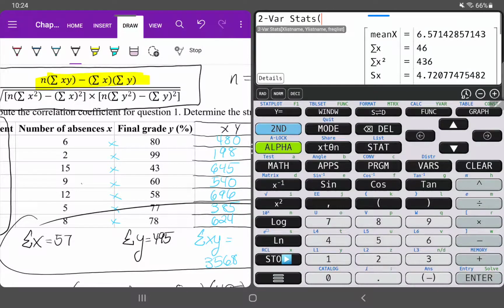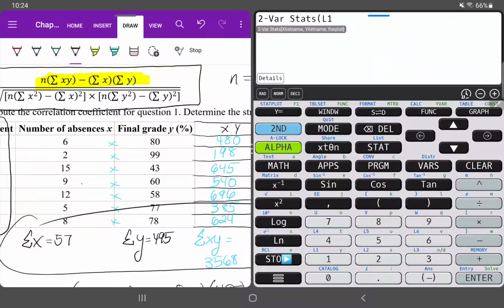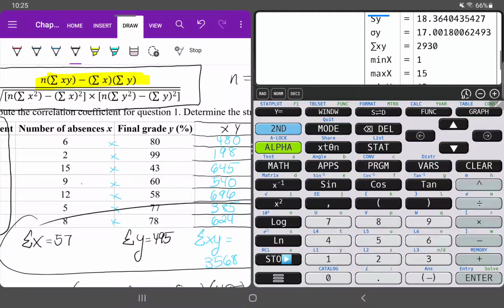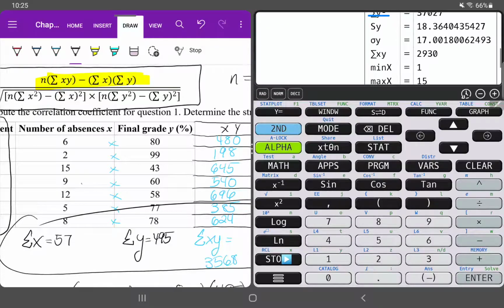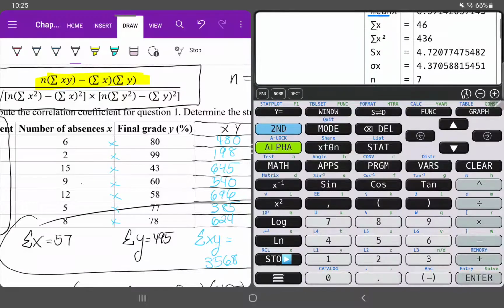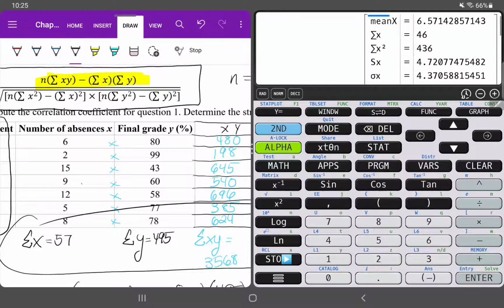Now, usually you have to put in L1 and L2. So second, click on 1 for L1, put your comma in. Second, click on 2 for L2, close it up, hit enter. And now, after you hit enter, remember, you need to find certain things when it comes to this. And if you notice, you get all the values that you may need.